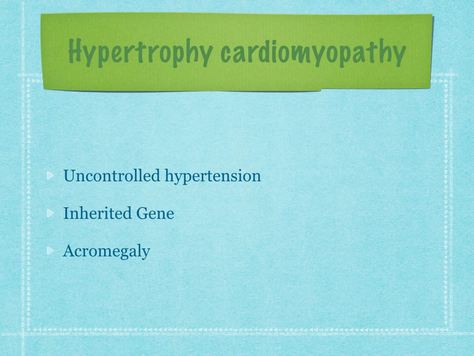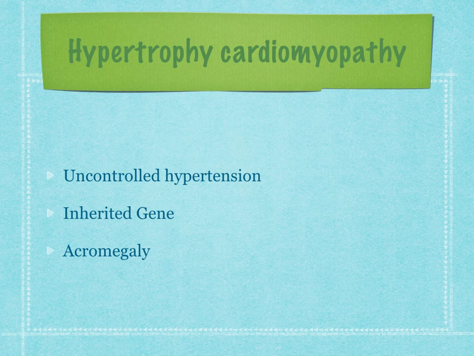The common causes of, I think I forgot to write causes here. The common causes of hypertrophic cardiomyopathy are uncontrolled hypertension, inherited gene, and acromegaly. Now, uncontrolled hypertension, what it does to the body, it causes the ventricles and septum muscles to become hypertrophic.